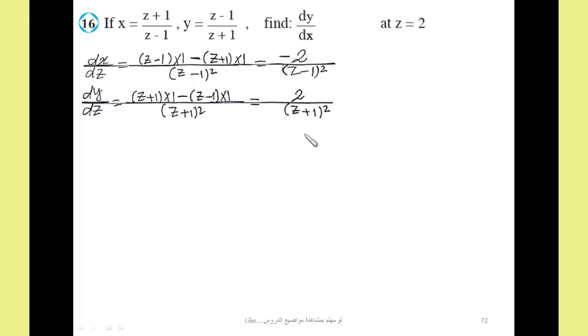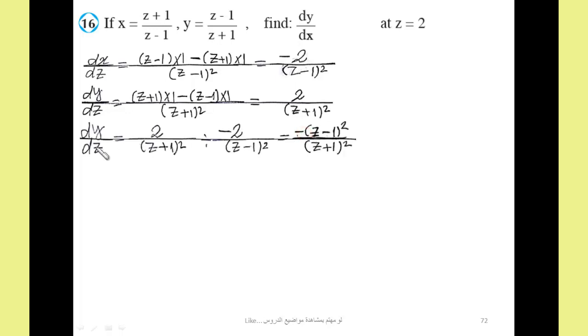Try to do it yourself. And then dy/dx equals the division dy/dz divided by dx/dz. You will get -(z - 1)²/(z + 1)². When z equals 2, the result will be -1/9. It's very easy.